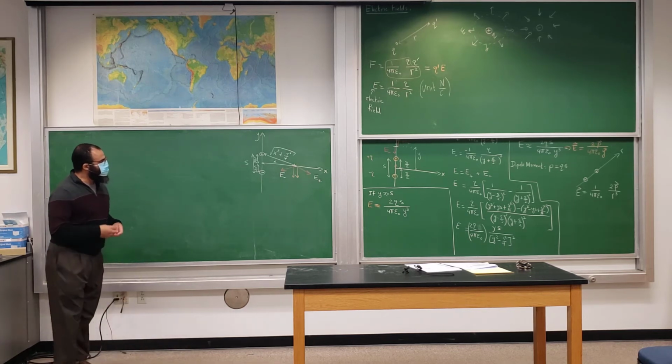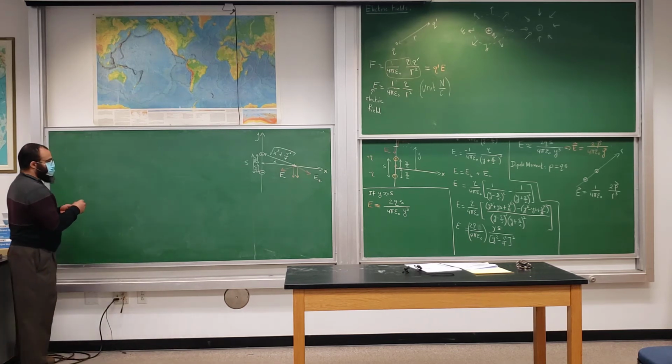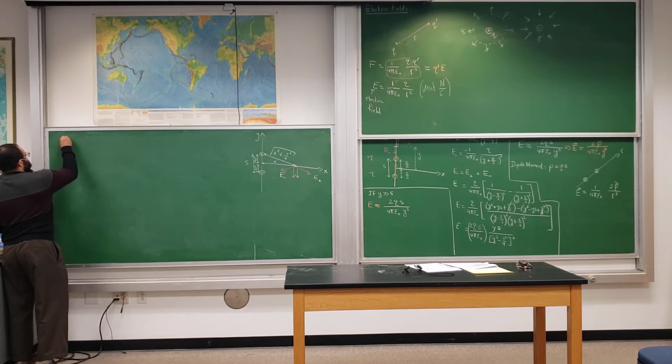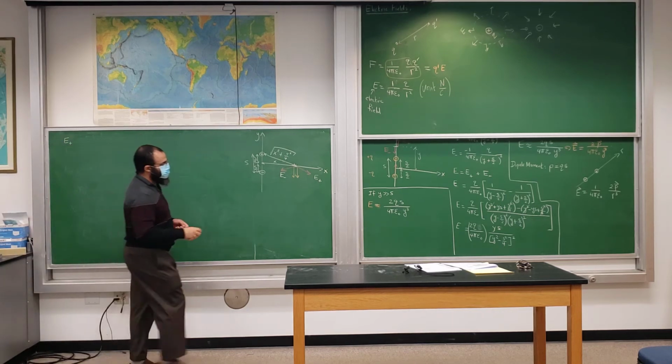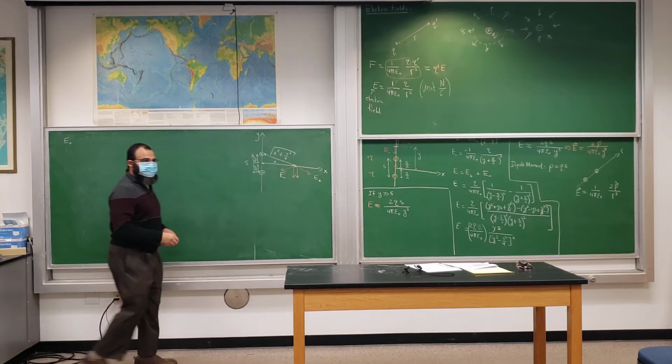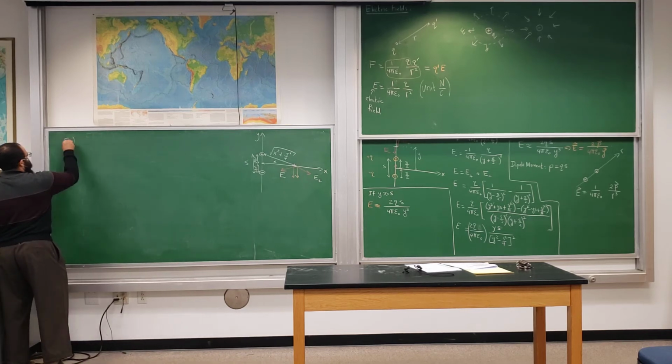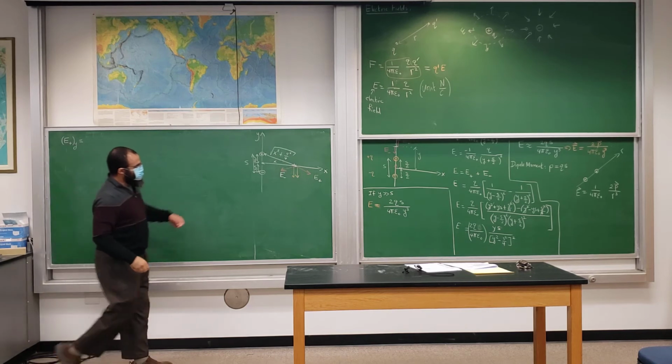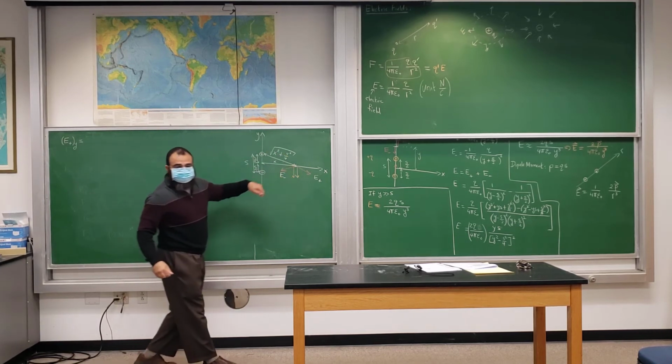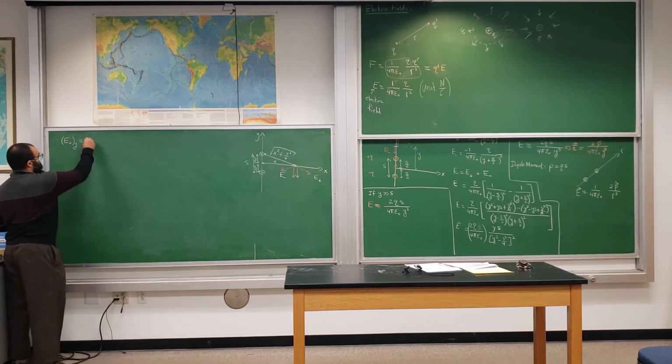So the electric field due to the plus charge, the y component, I would call it E plus y component. It points downward, so that's the negative y direction, so I'll put a minus sign.